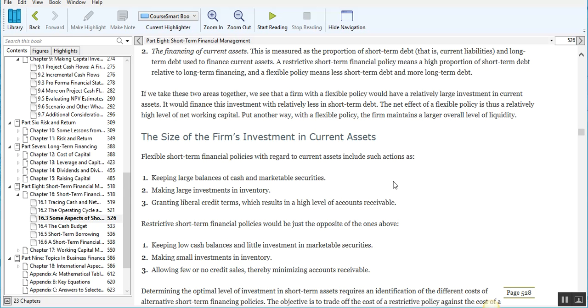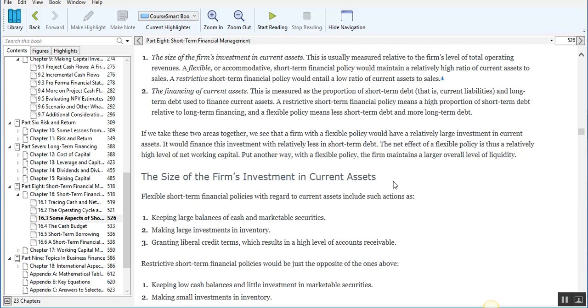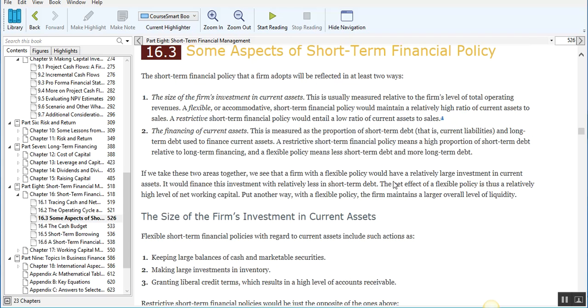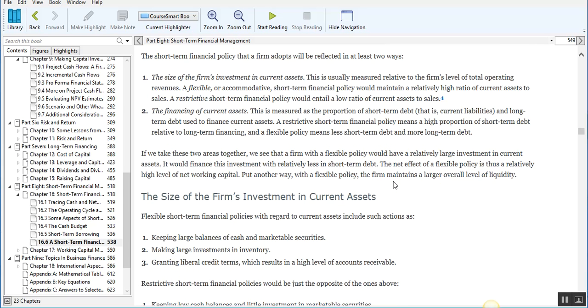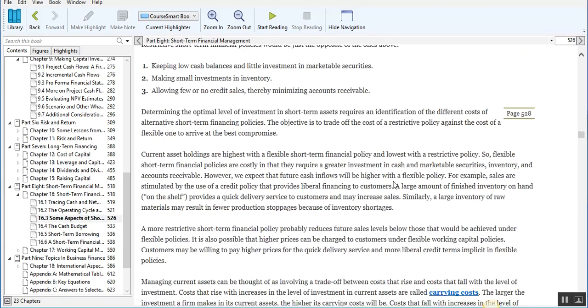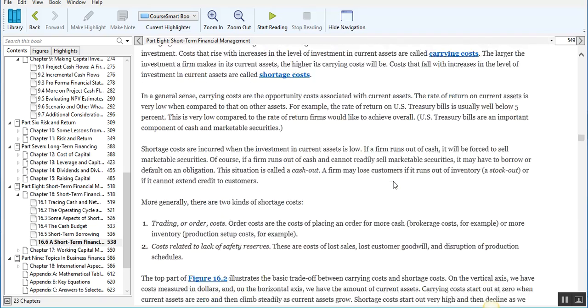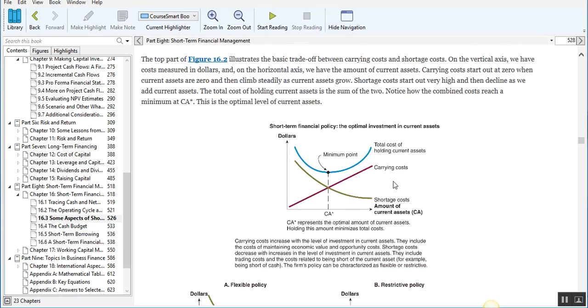Basically, a flexible policy means they have a fairly large investment in short-term assets or current assets, and it would be financed with relatively less short-term debt. The other kind of policy, the more rigid, inflexible policy, would require that a company have more debt, and that's a result of the acquisition of debt. So if you're interested in that, you can look at it.